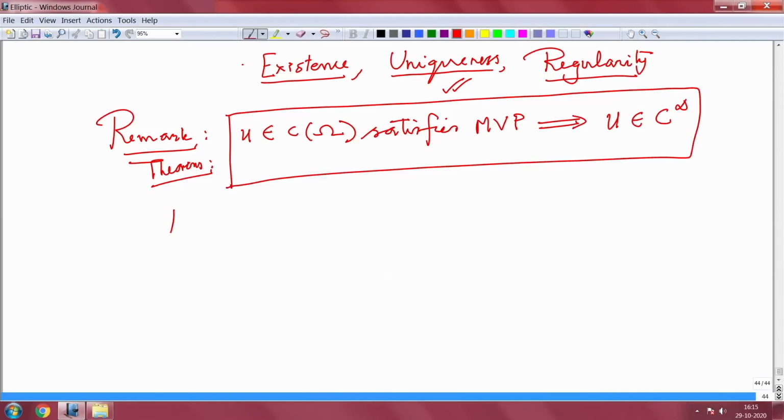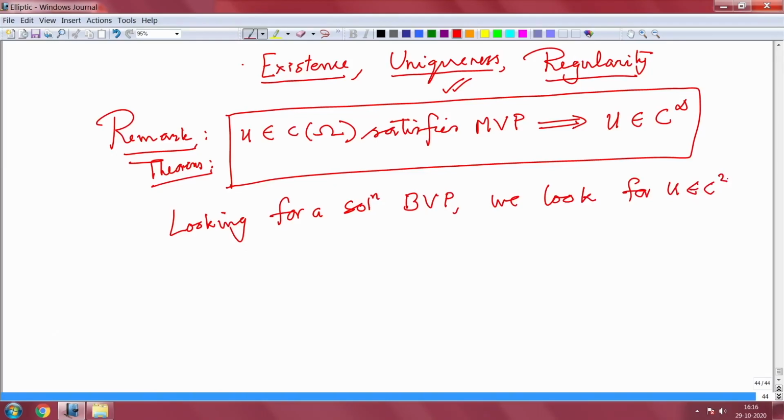When you are looking for a solution of your boundary value problem, we look for u in C2, not more than that, because your operator is a second order operator. You are looking for a solution of Laplacian u equal to f and u equal to g.